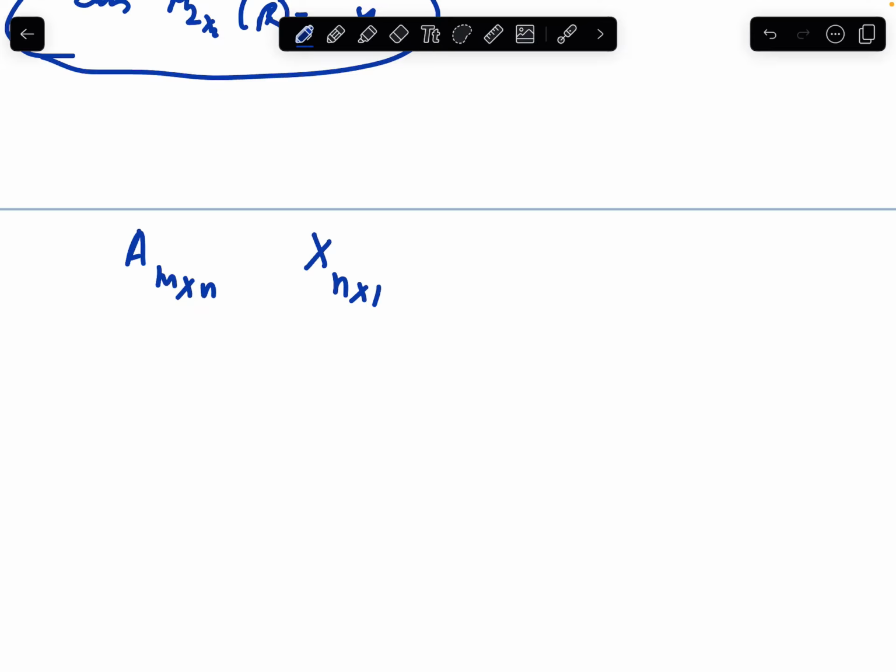Oh, let's multiply in general. Suppose you have A, M by N, and you have B, which is N by K. Then AB is an M by K matrix.